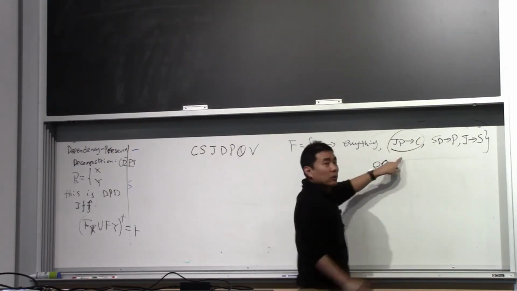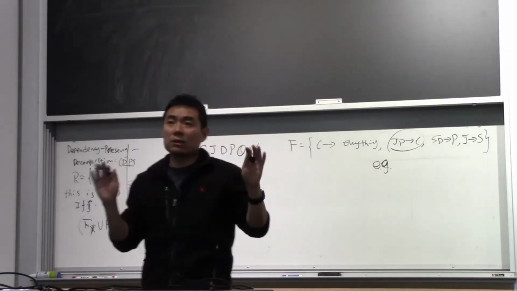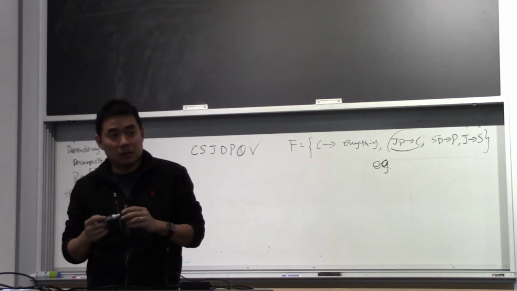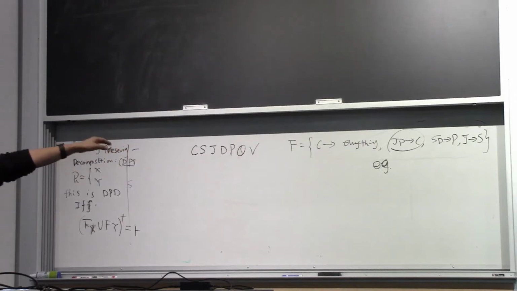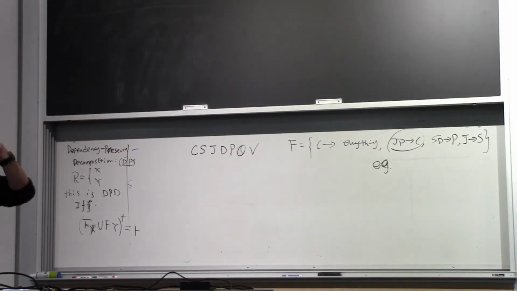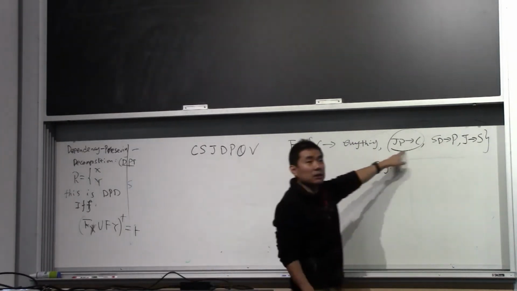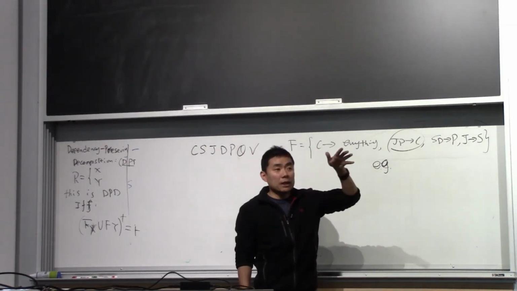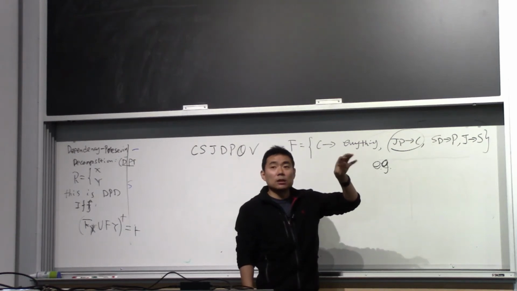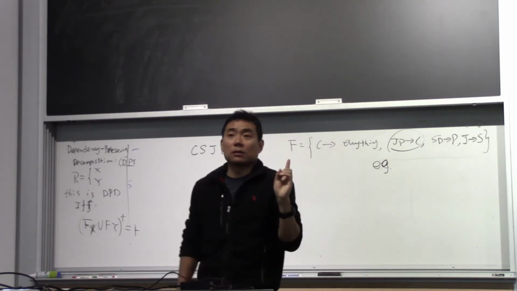What does this mean? Can someone tell me what JP determining C means? We talked about this before. In plain English language, what does JP determining C mean? It's a key. JP is a key, yes, but translate that to English. What kind of constraint does it capture from your user specification? For the same product and for the same part, you always order that part for that product under only one contract. Right?